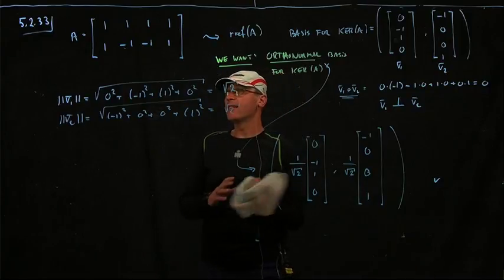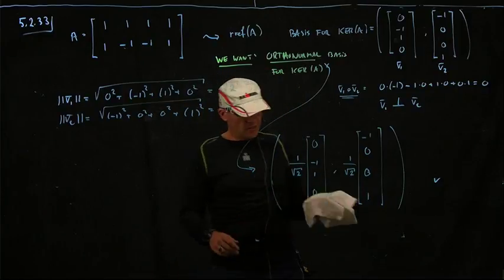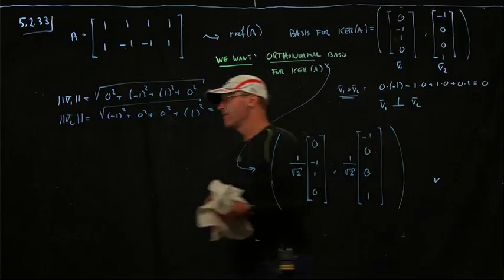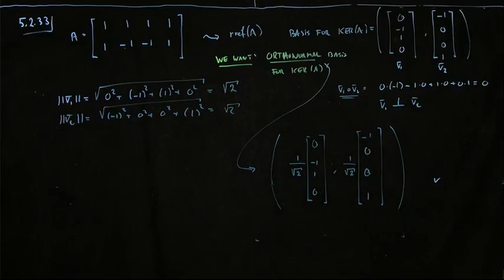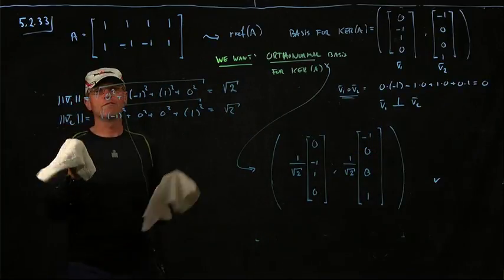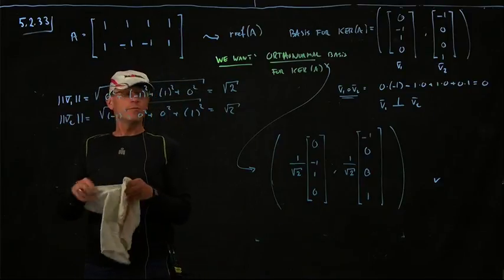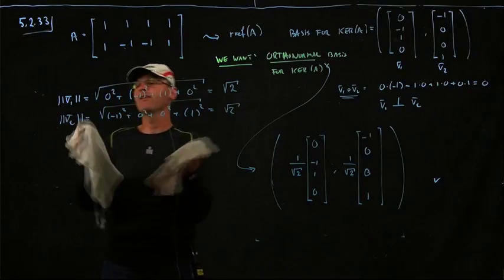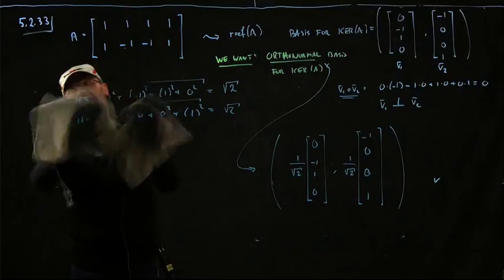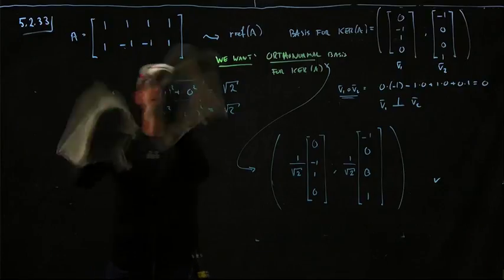Okay, let's move on to 5.2.35. And are we getting tired of Gram-Schmidt yet? You can never have too much Gram-Schmidt.